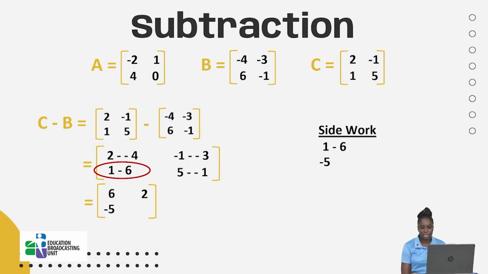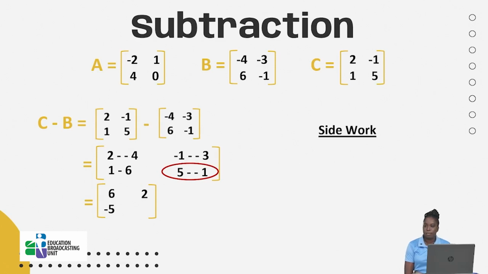And so that is -5. And in our final position, row 2, column 2, we have 5 minus -1. Once again, those two signs coming together mean to add. And so that can be rewritten as 5 plus 1. And 5 plus 1 is 6.